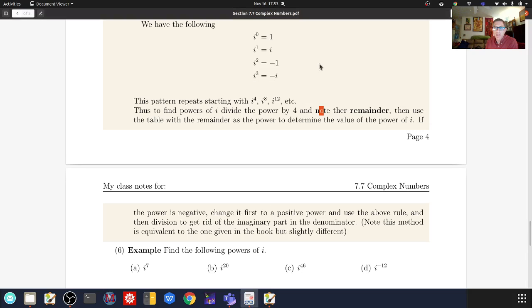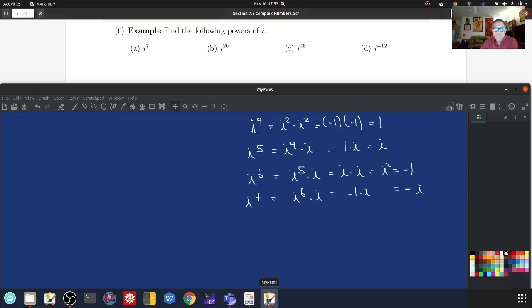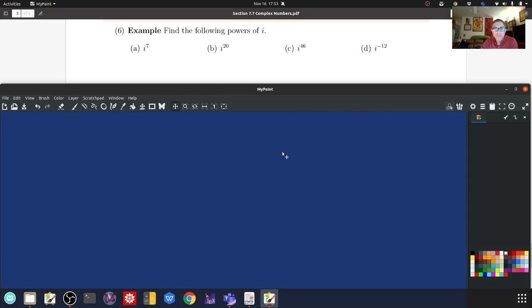So here's the trick. We want to find powers of i. Let's say I have i to the 7th. Well, clearly, this pattern repeats every 4.